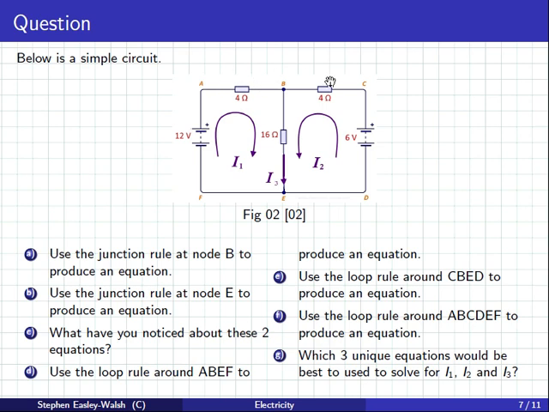Yeah, minus 4I1. Minus 4 I2. No. Oh no, because you have changed the shape. Plus 4I2 because it's I2 backwards. Yeah, and then it's minus 6. Good man. Equals 0.